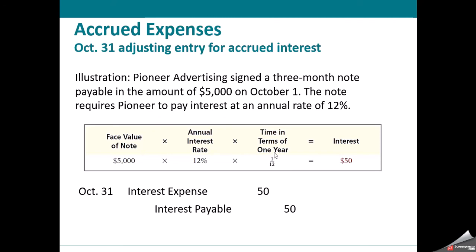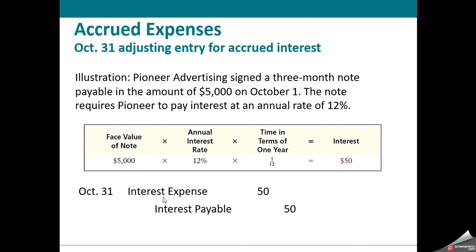Our time is always in terms of 1 year. So this is 1 month of 12 months. And how I do that is I put it all right in my calculator. So I put in 5,000 times 12% or 0.12 times 1 divided by 12. And that'll equal the $50.